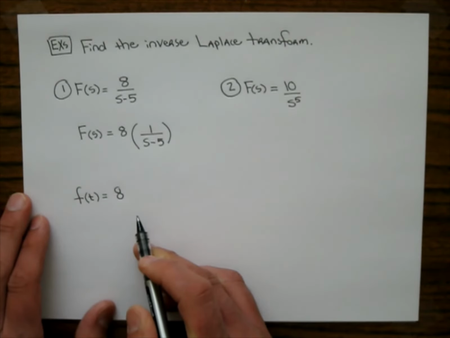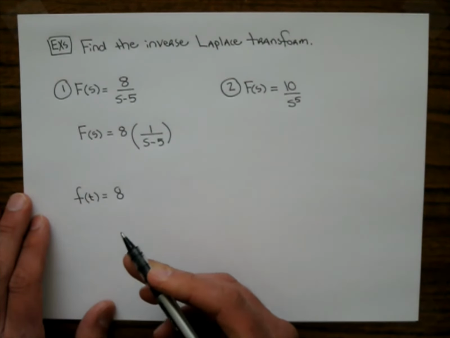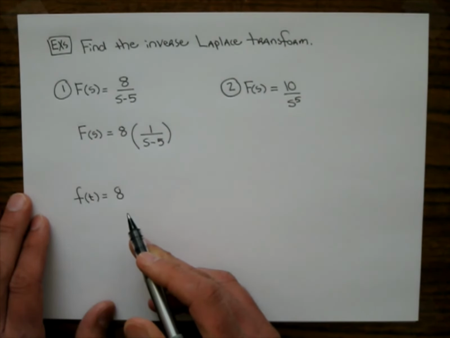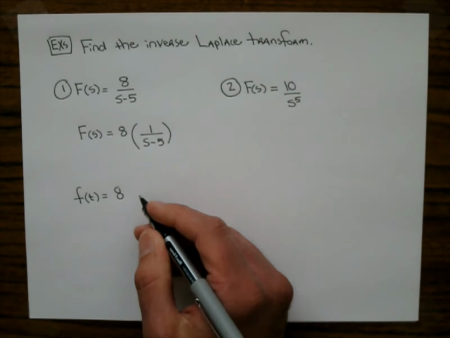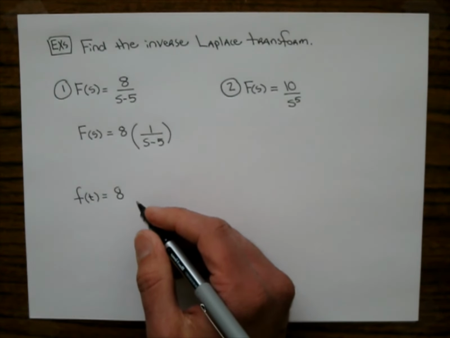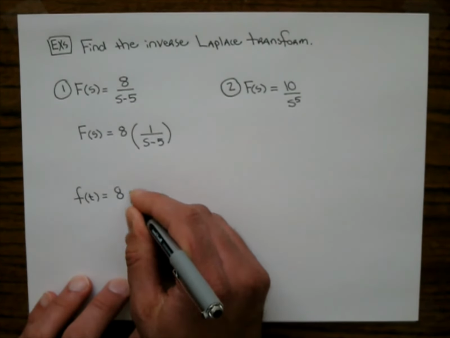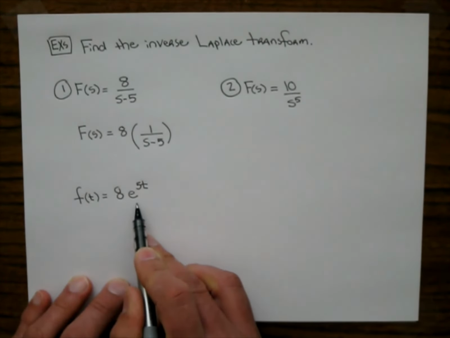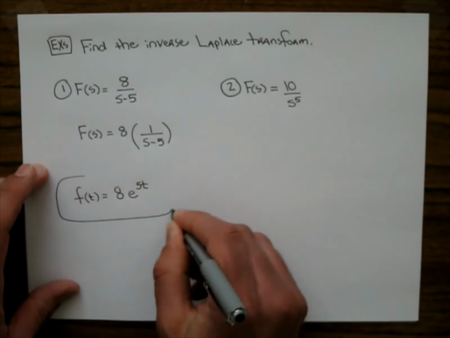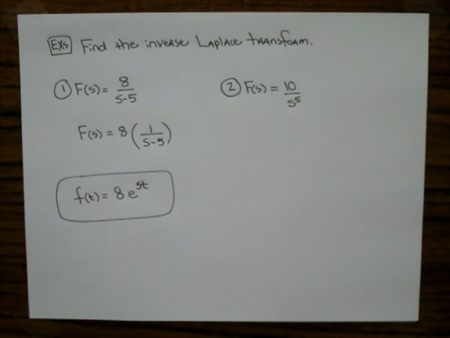And going back, you should try to memorize these things. 1 over s minus a gets transformed to e to the at, so this one's going to get transformed to e to the 5t. And so we have the 8 in front of there, and there's our answer. Okay, so that is how you do the inverse Laplace transform.